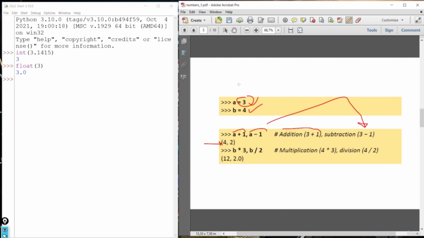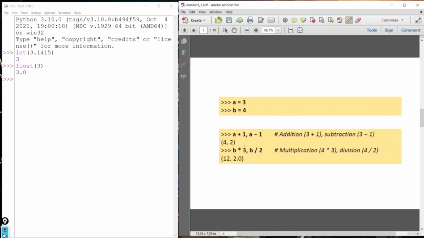Whatever we write after this arrow on the right hand side, separated by commas, are displayed. I mean, the result of these operations are displayed as a table. This is a table. We will consider table data type in other lectures.